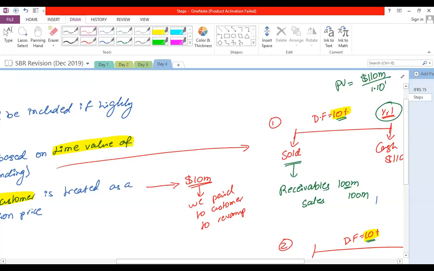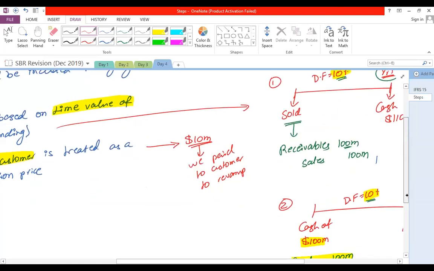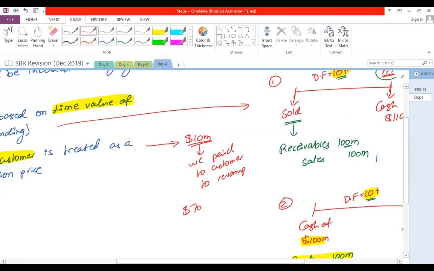So this is an amount that we are paying to the customer. We paid 10 million, and in the later year we received 70 million of sales. So ideally the transaction price is not 70 million, rather the transaction price is only 60 million: 70 million minus the amount paid to the customer. So if any amount is paid to the customer, that will be deducted from the transaction price.